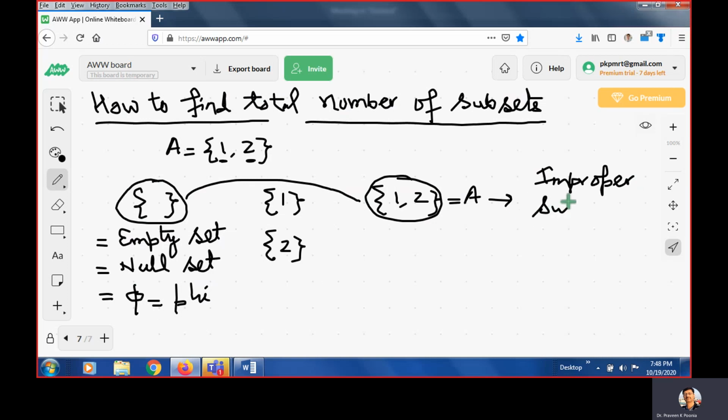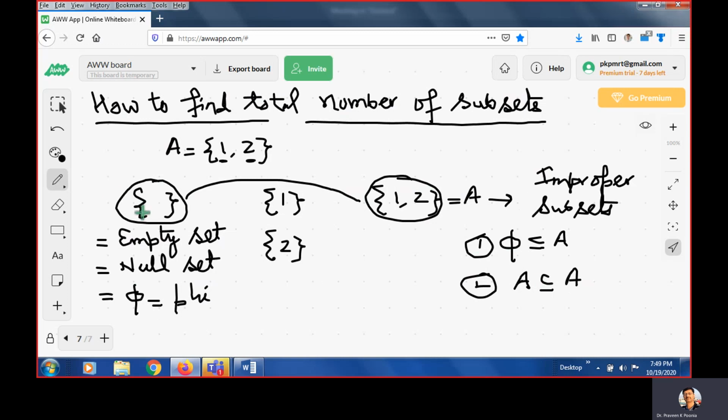These two are called improper subsets. Clear? And I want to tell you phi is a subset of A. This is a very important property. Remember this. And another property is A is a subset of A.